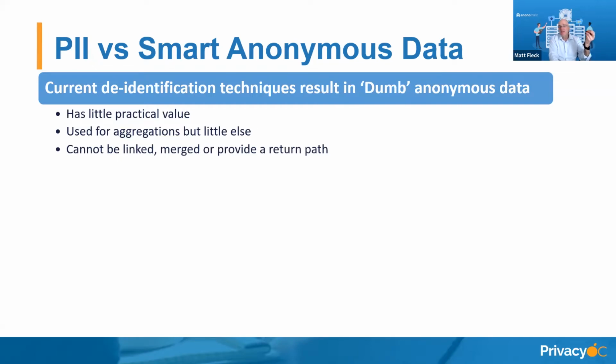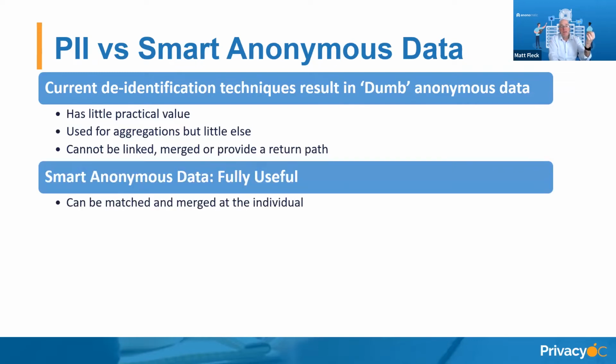Sure, I can sum and I can average and I can do that sort of things. But if I need to generate some sort of individualized results, I can't do it. I can't merge that data. I have no chance to do a return path. So that's why it's dumb. It'll give you some information. It'll do what it needs to do. It'll dig a ditch, but it can't do anything else for you.